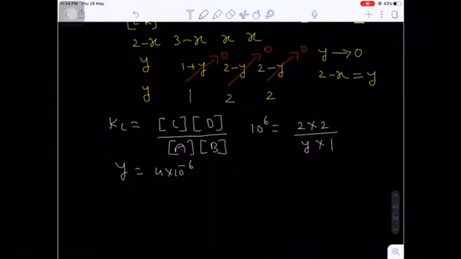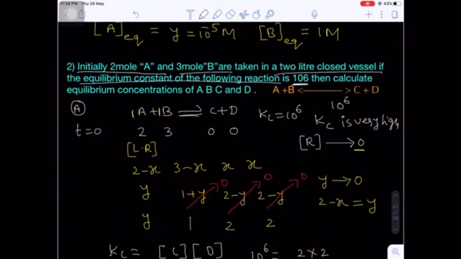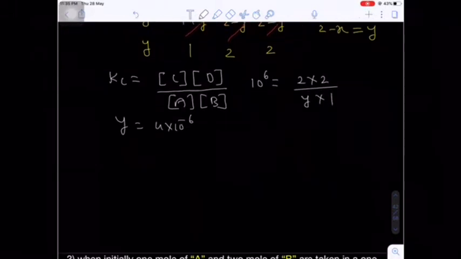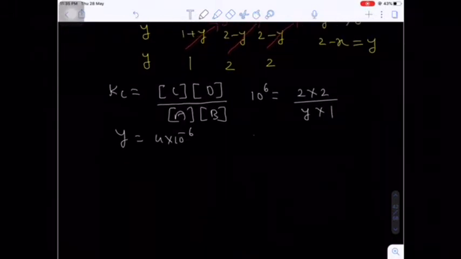Now, the container has a capacity of 2 liters. This is very important. We have a 2 liter container. Now, what is the formula to calculate the concentration? Number of moles upon volume in liters. Yes or no?